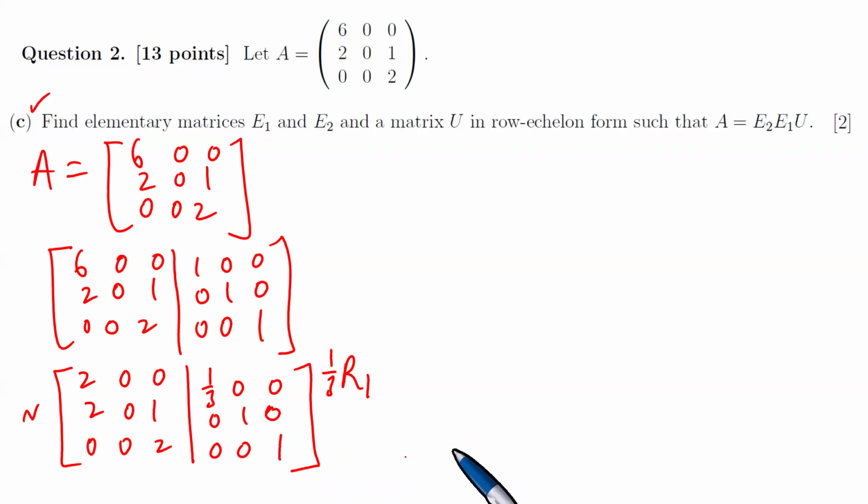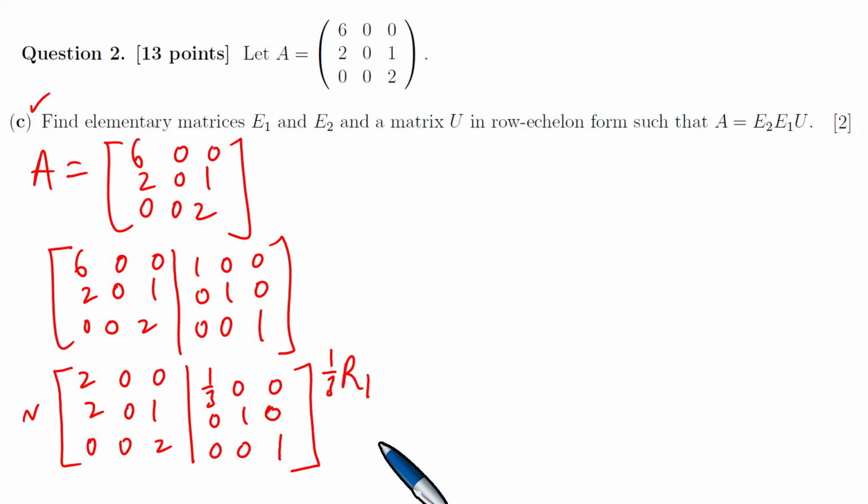Okay, right. What have we done? We just multiplied the first row by 1/3. After we multiplied the first row by 1/3, what does this give us? And what else can we achieve with this?